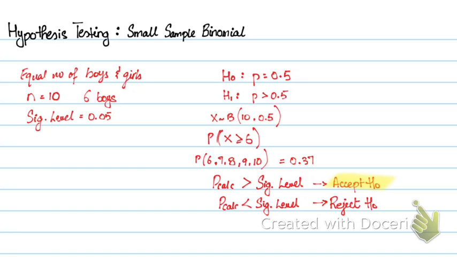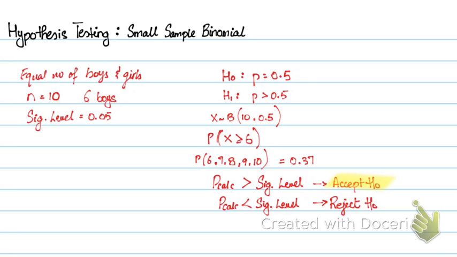That is, we say that there isn't enough evidence to conclude that the probability of finding a boy is greater than 0.5, that the number of boys and girls is equal. So this is one way to carry out the test.